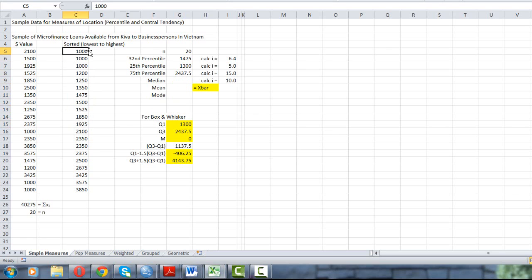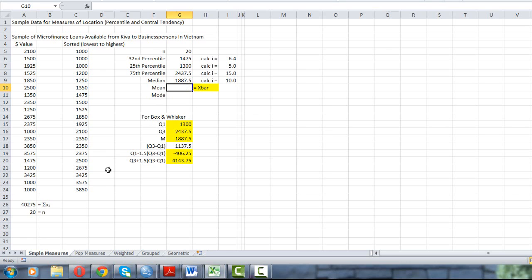That's too many. 1, 2, 3, 4, 5, 6, 7, 8, 9, 10. So 1850 and 1925. So hopefully you see how that's done. Okay, so 1887.5, that's the 50th percentile, or the median.